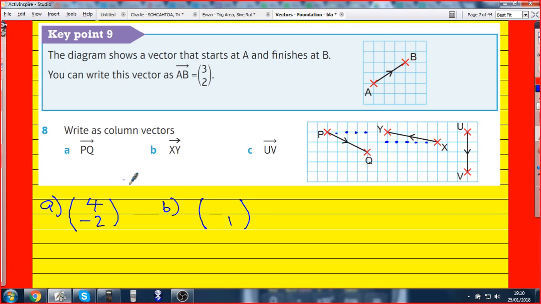And what is the difference between them? So PQ was 4 to the right. XY is 5 to the left. What is the difference between right and left? Oh, right. One's negative, one's positive. So is it -5? Yeah, so it's -5. It's like if you're going down, it's negative. And how about UV?